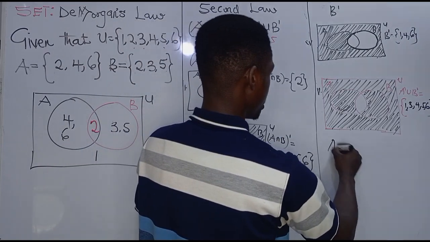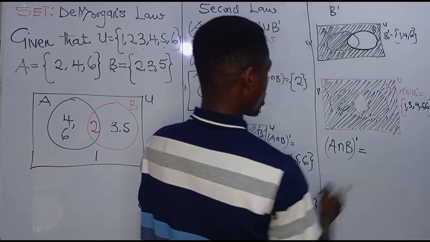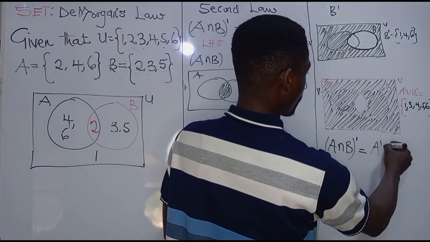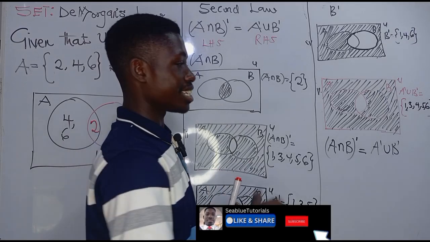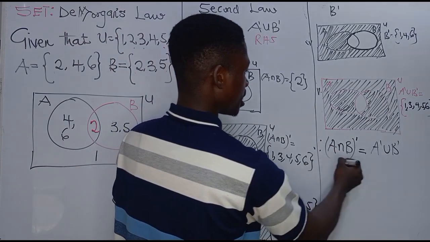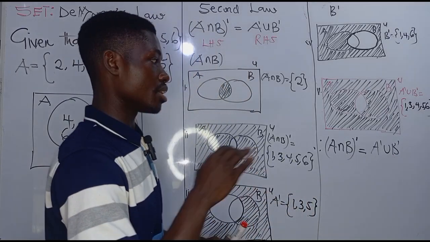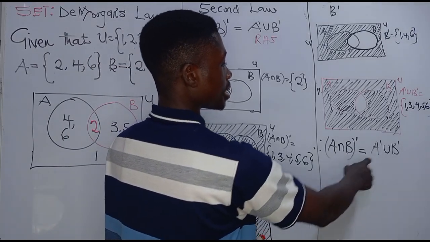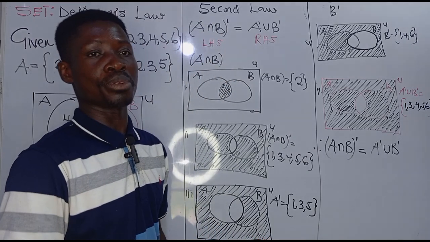And then we have II to be what? A complement union B complement. So you can therefore say that this is equal to that per DeMorgan's second law, that the complement of the intersection of two sets is the same as the union of their complements.